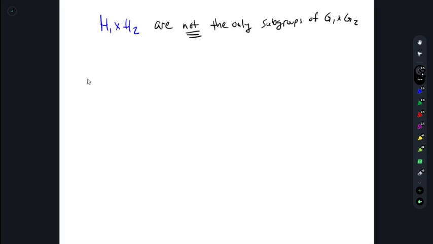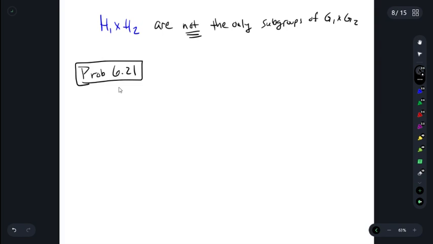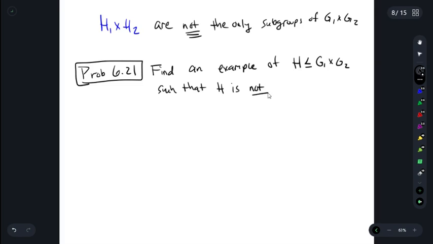So our last thing that we want to talk about is in problem 6.21. I want you to see if you can find an example of some subgroup of a direct product such that H, that subgroup, is not a product.